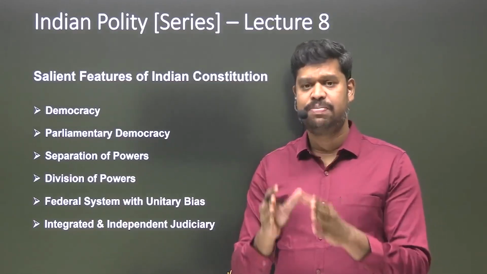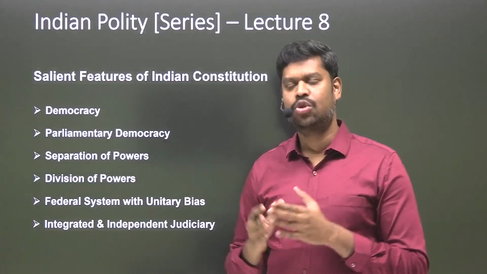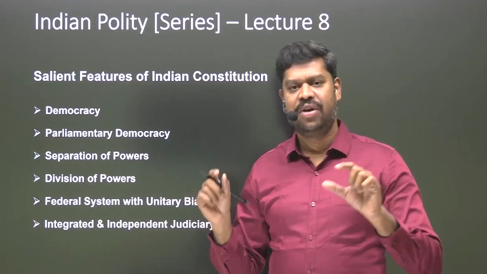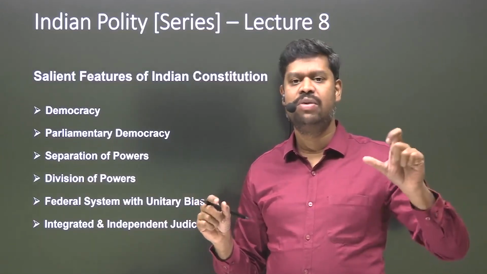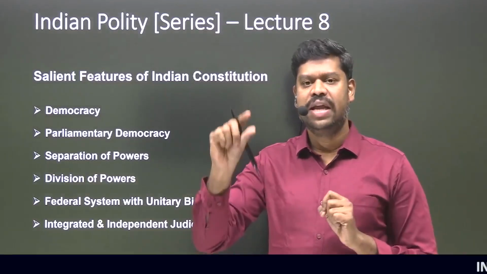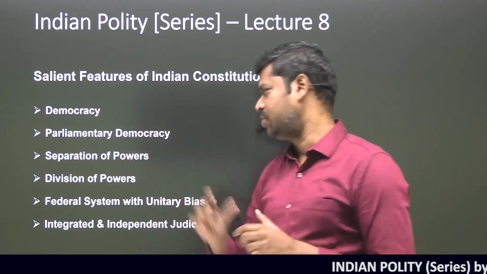So this is a unilateral power of the parliament. That's why we say that though we are a federation, we are not a federation with equal powers, but a federation with unitary bias, which gives more power to the union executive and the union legislature in comparison to the state executive and the state legislature.